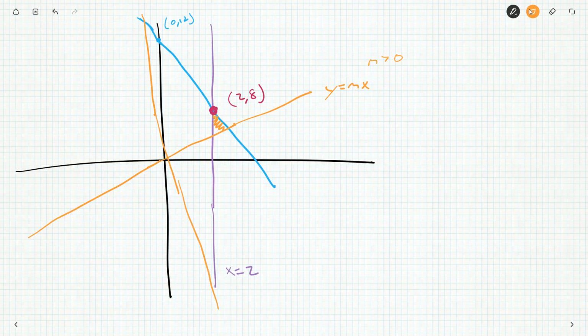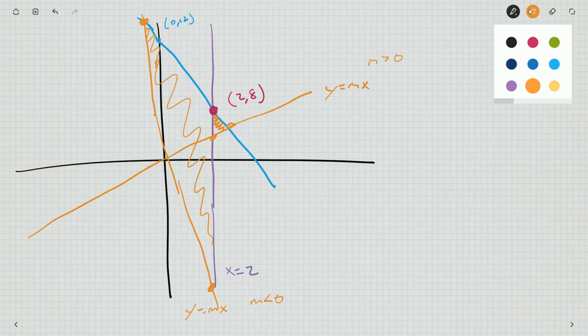I think even that's not quite going to work. But then we'd have a slightly bigger triangle like this. Regardless, we still need to work out these intersection points. So this would be y equals mx, where m is less than 0. So I'm expecting 2 possible values for m. I could be wrong, but this is what I'm expecting.